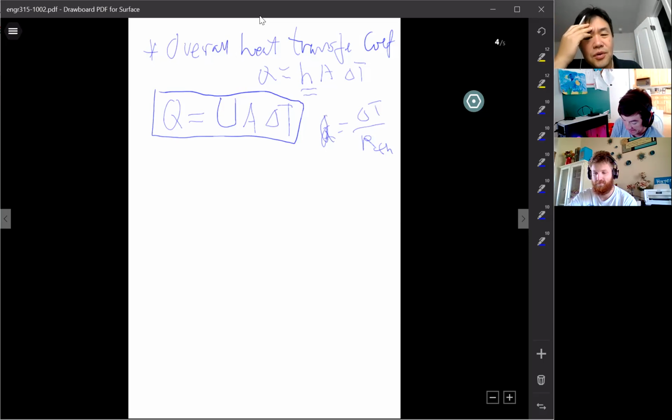Okay, so when you do the thermal resistance, if you use this way, then all the areas are included in the thermal resistance. But if there are many items in the system, the areas are all different. So sometimes handling the area is a little bit complicated.